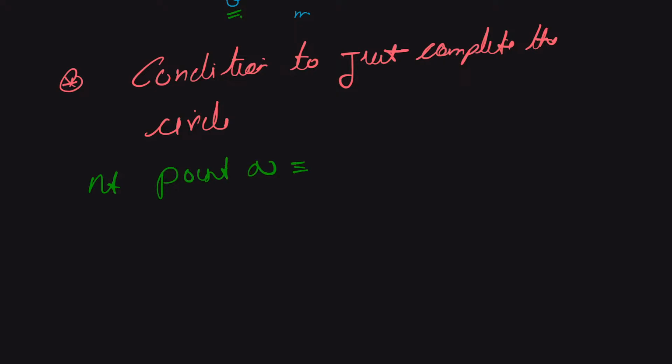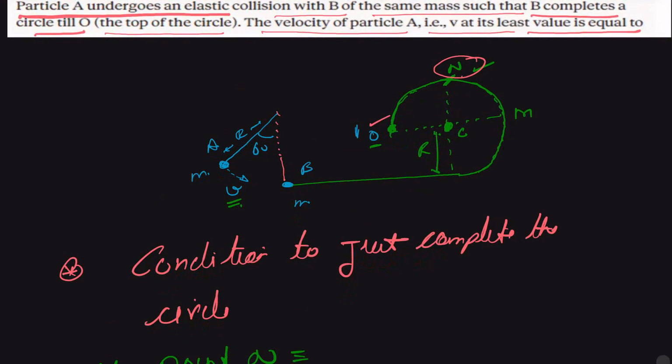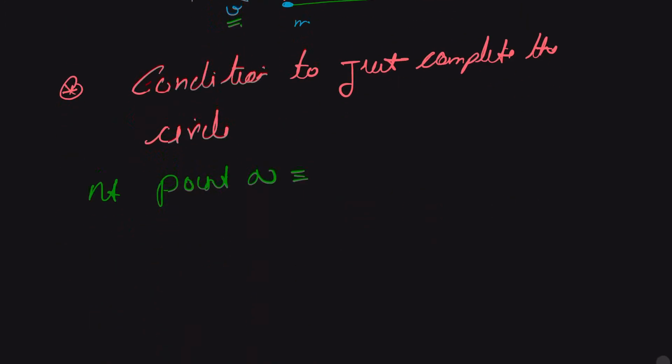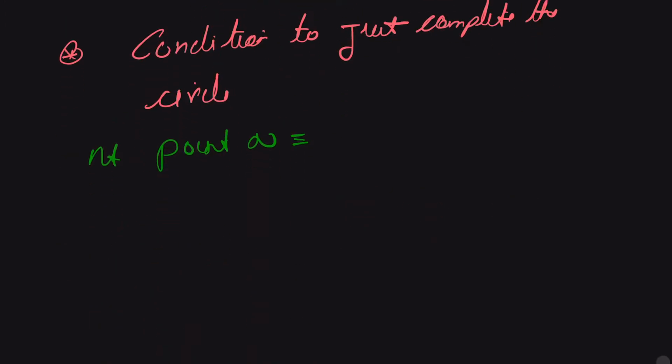Let us suppose the velocity is moving in this direction, and this velocity is V top. We can say that m V top squared divided by radius r should be equal to mg.